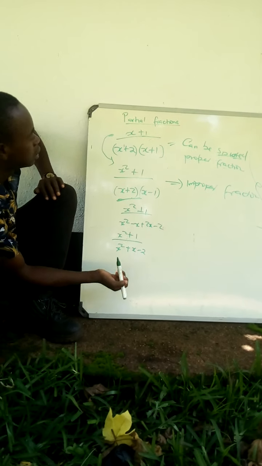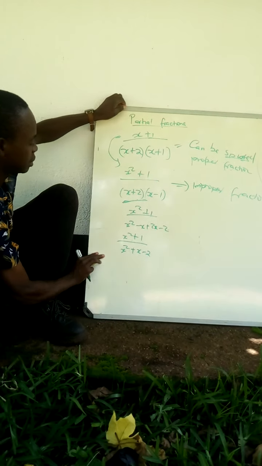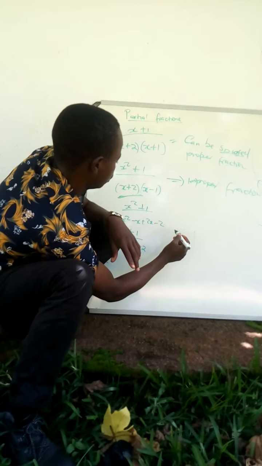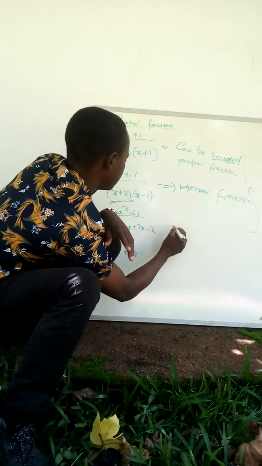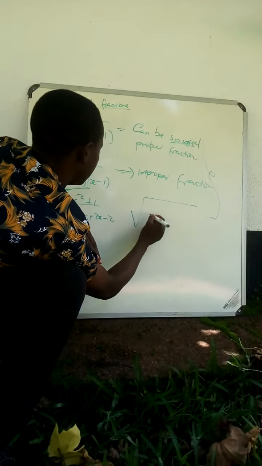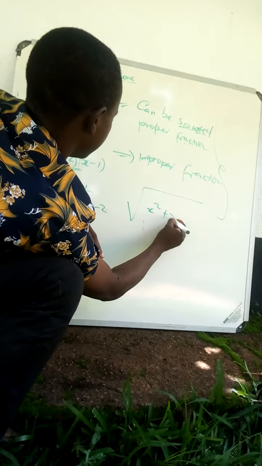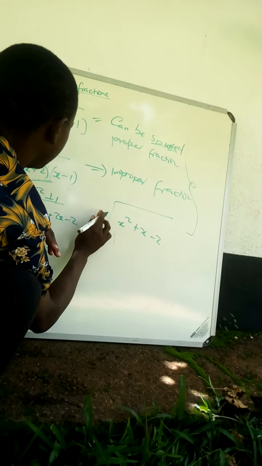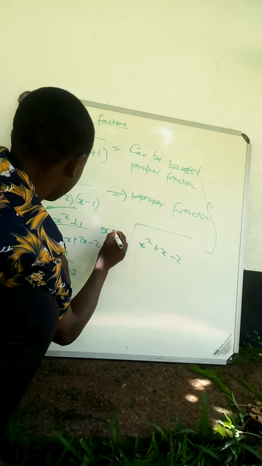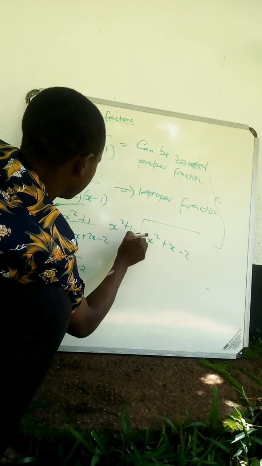So it's not possible to partialize before you divide. So you need to divide this one. For you to divide, you are going to say x squared plus x minus 2 into x squared plus 1.